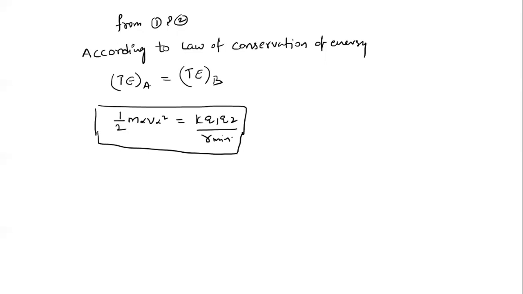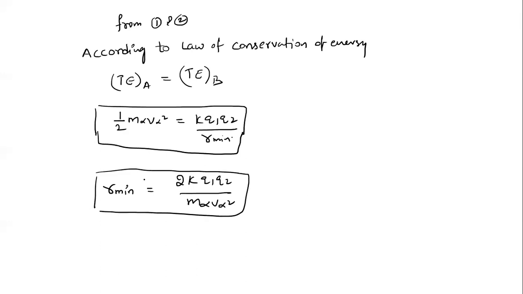Here Q1 is the charge on the nucleus, that is Ze, and Q2 is the charge on the alpha particle. If you want to modify it further, R minimum is equal to 2K Q1 Q2 by m alpha into v alpha square.